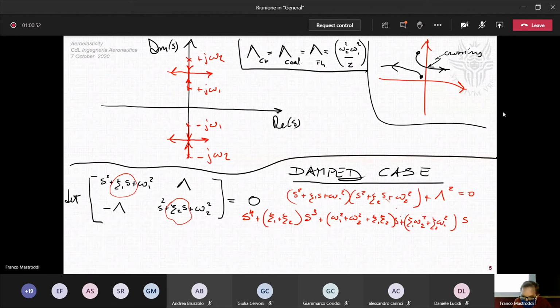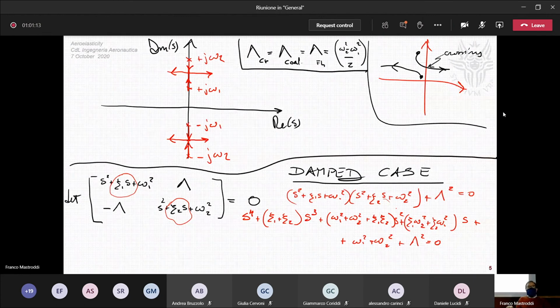And we have finally the term not multiplying any power of s, which is omega 1 squared omega 2 squared plus lambda squared equal to 0.